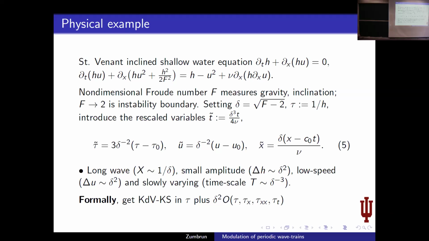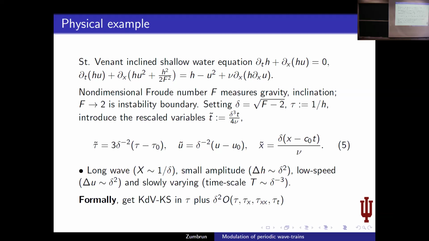And then some source term, H minus U squared. So what's that? H is gravitational force, which is proportional to the height. Minus U squared, that's a turbulent friction from the bottom, which is often taken to be quadratic. I think that's called the Chezy approximation.